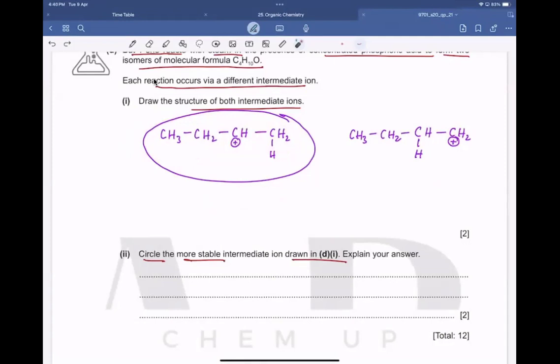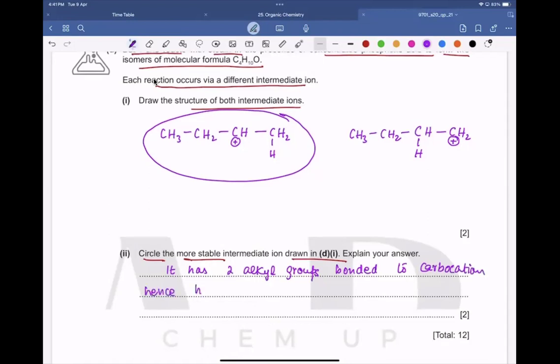So explain your answer. The one which I have circled has two alkyl groups bonded to the carbocation, hence has more inductive effect and a lower charge density.